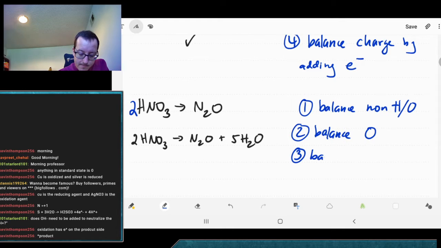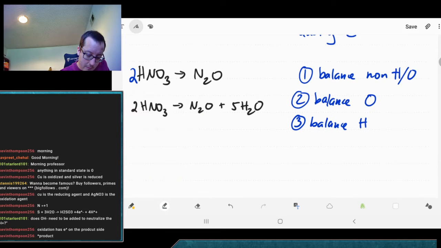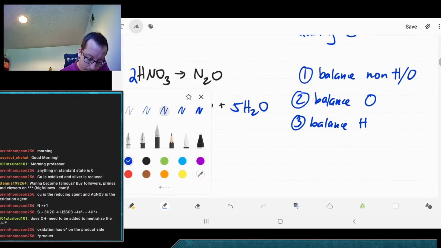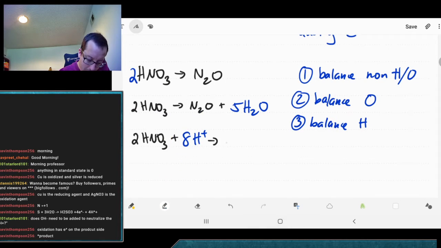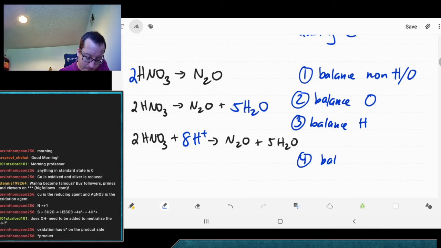Then we balance hydrogens. If we look, we have 2 on the left, 10 on the right. So we're going to add 8 hydrogens. I'm sorry, I'll try to do these in color so you can see what we're adding each time. And then the last part is we want to balance the charge.